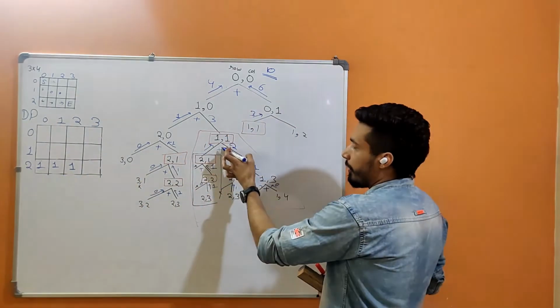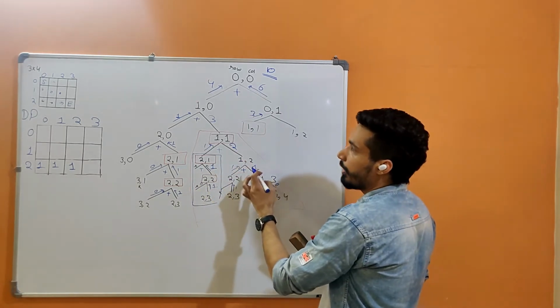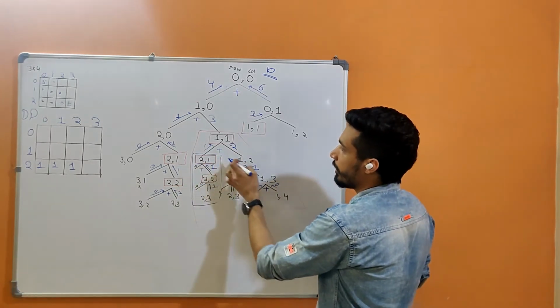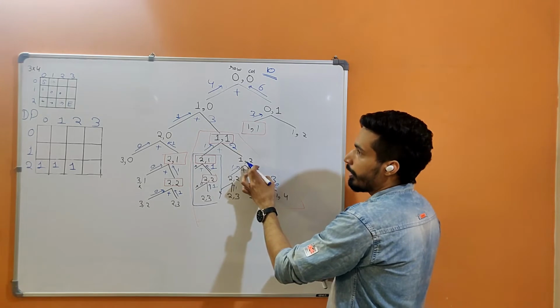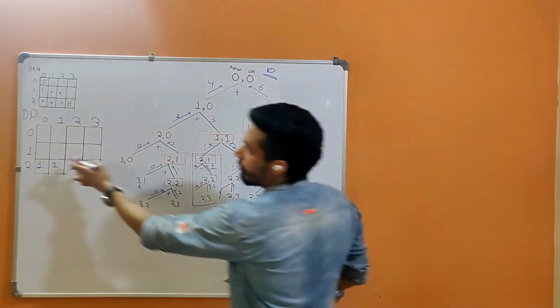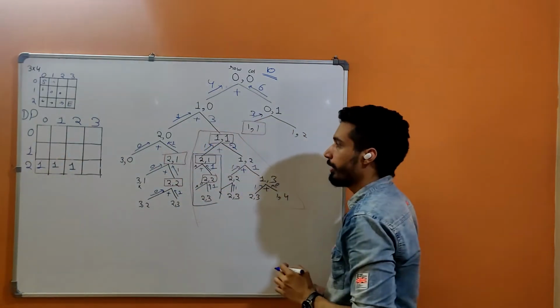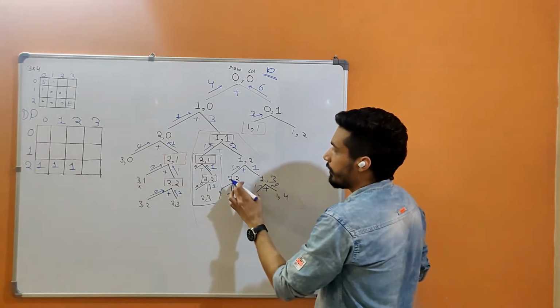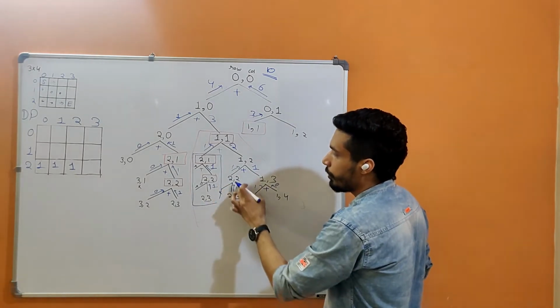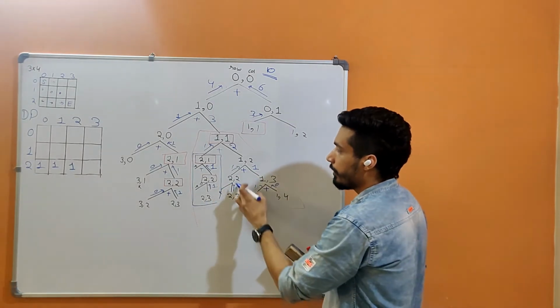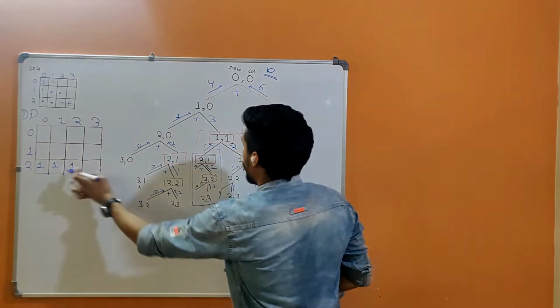Now we explore the other path from 1 2. From 1 2, have we computed already? No, we haven't computed yet. So we'll move further. For 2 2, yes, we have already computed the value, which will return 1, right?